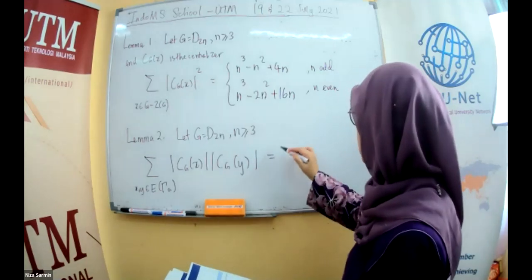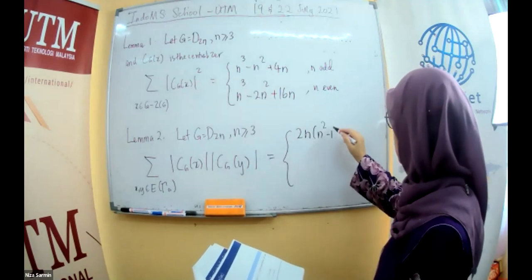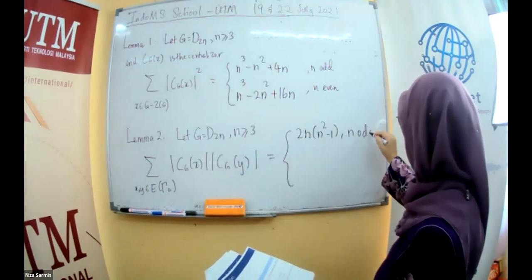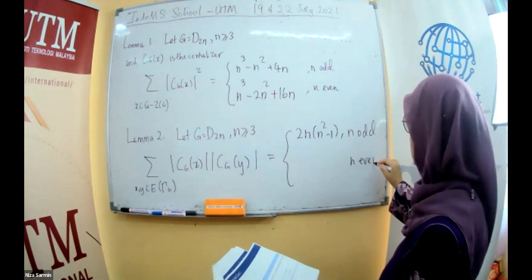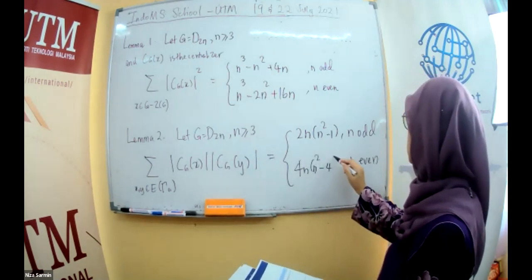So this is equal to 2n(n squared minus 1). Again, we have to separate into two cases.